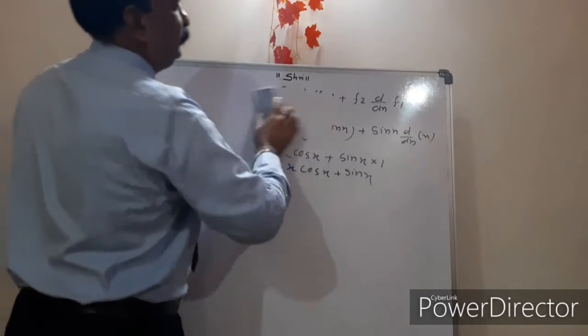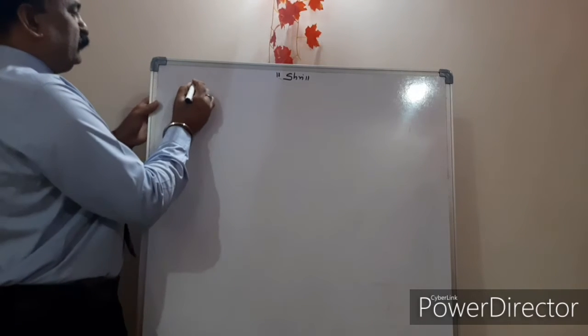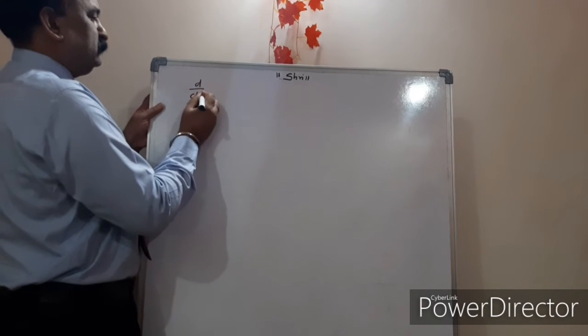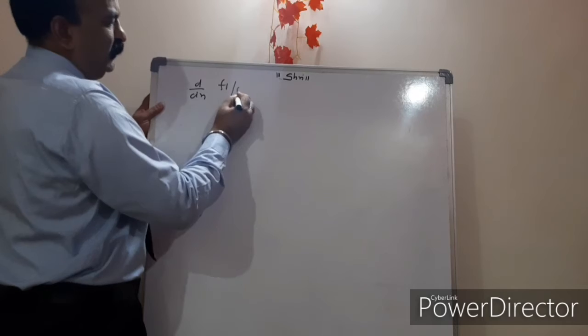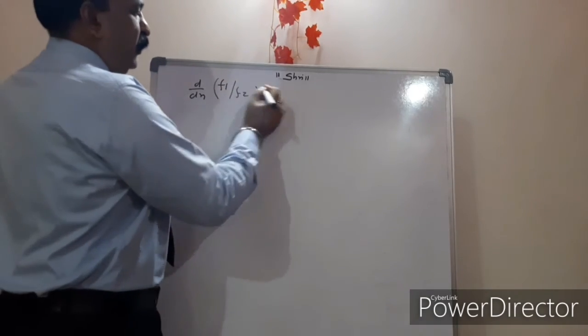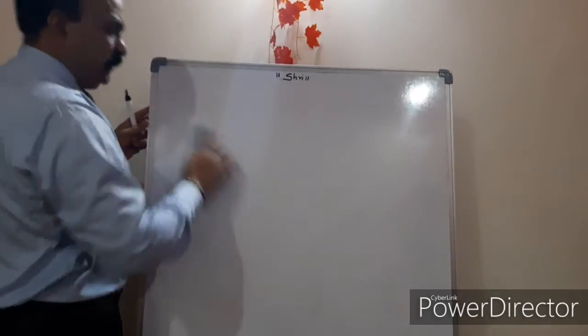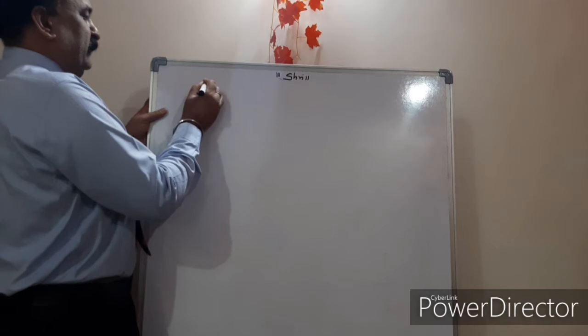Next is d/dx of f1 upon f2. You can write numerator upon denominator, it becomes easy.